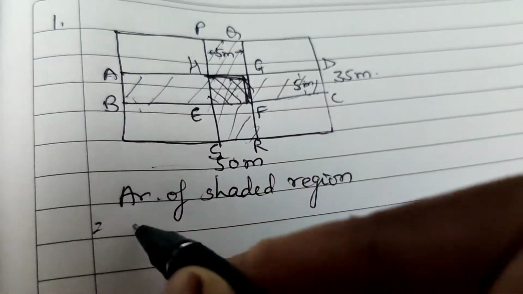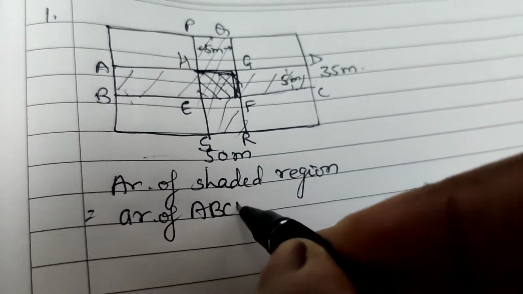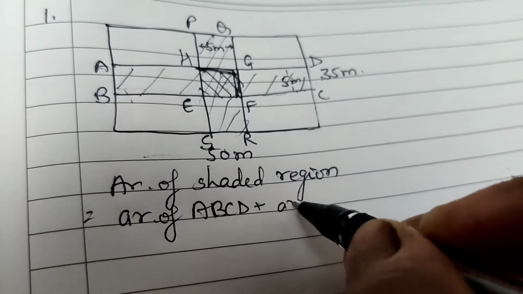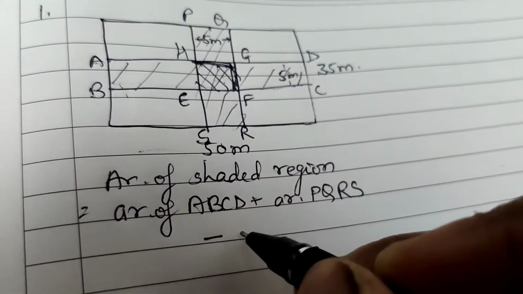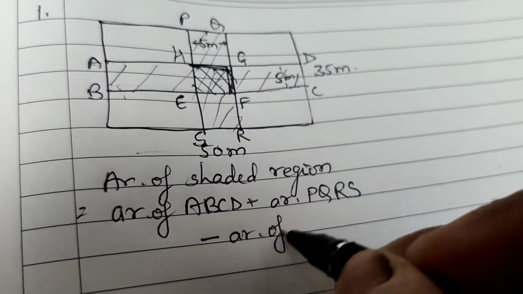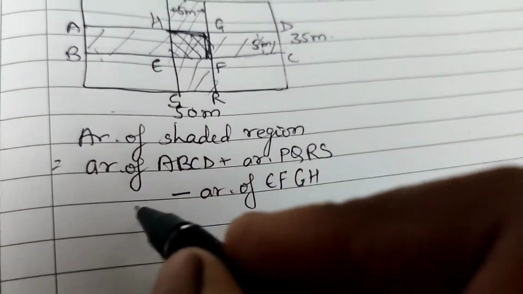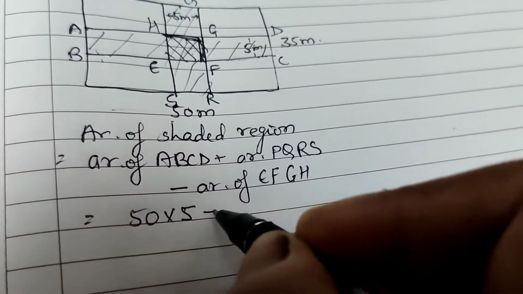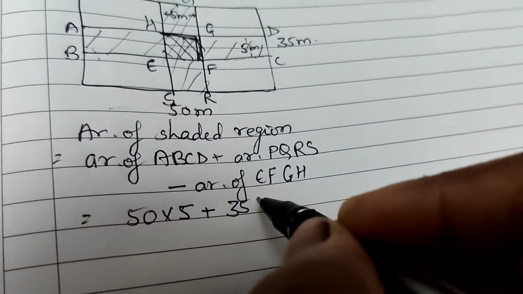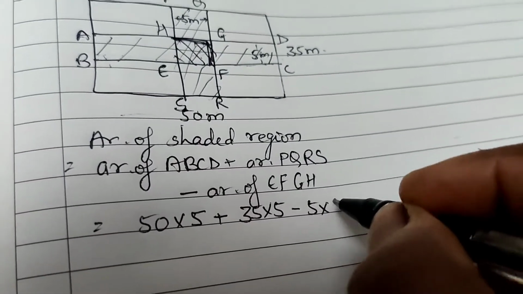The answer is area of ABCD plus area of PQRS minus area of EFGH. Now the area of ABCD is 50 into 5. Area of PQRS 35 into 5. And EFGH 5 into 5.